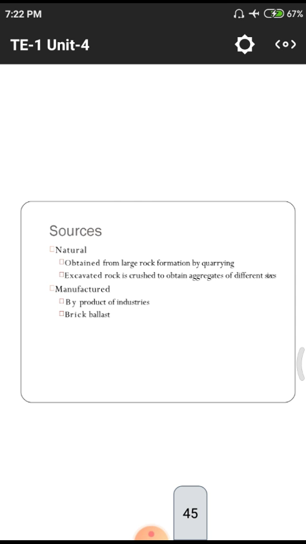At the time of blasting, we obtain large masses. After the blasting is over, we transport those large masses to the grinding agencies, where we feed them in, and they convert the large masses into small pieces of the required sizes.